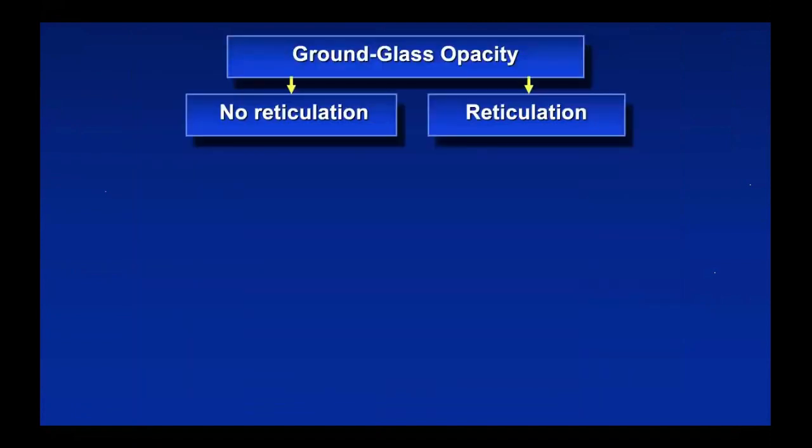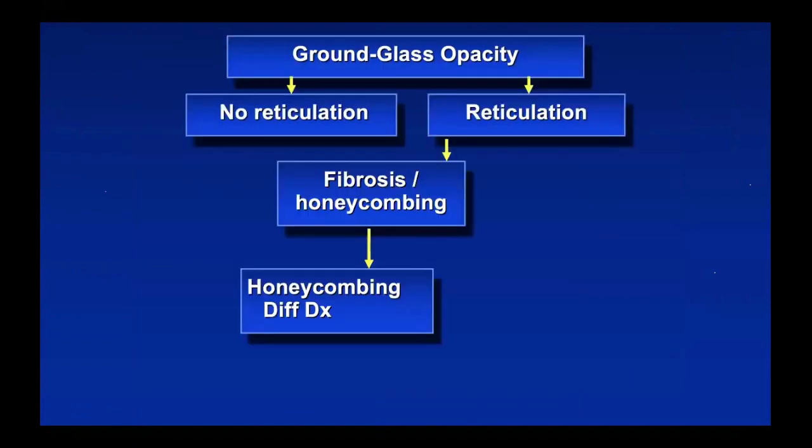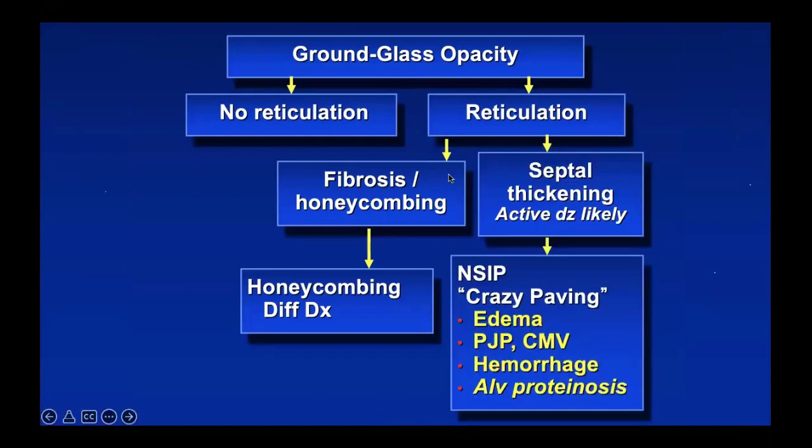Okay, so how about ground glass opacity with reticulation? So assuming there's no fibrosis, just assume that there's septal thickening or interstitial thickening, then it's likely an active disease, meaning active inflammation. It could be NSIP, nonspecific interstitial pneumonia, if it's more chronic. But this is called the crazy paving sign.